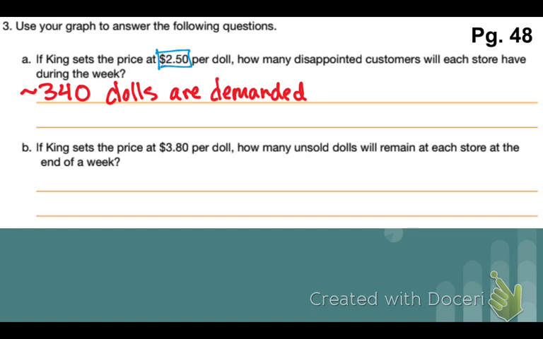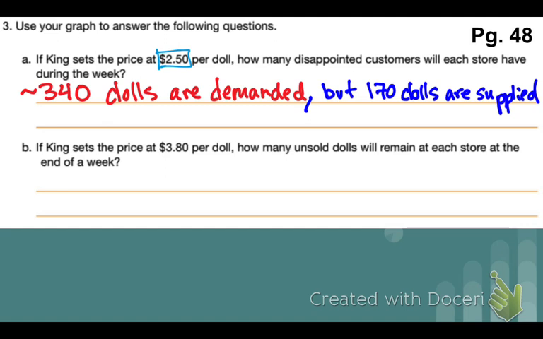But 170 dolls are supplied. And the question is, how many disappointed customers will each store have during the week?